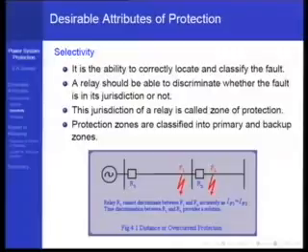For example, if they are sharing a common DC battery and the battery fails, so here we are talking not just of backup action, but reliability. When we are talking of the relay, we are talking of the circuit breaker, we are talking of the complete thing which finally opens up and clears this fault. So one thing is that if this breaker is stuck, then you need to, for example in this particular case, open this breaker.